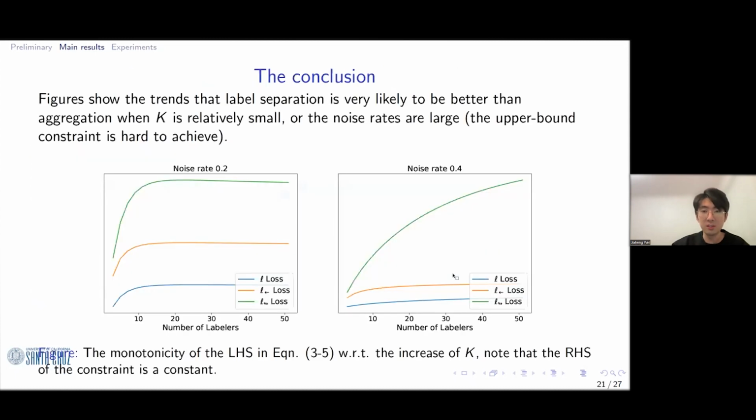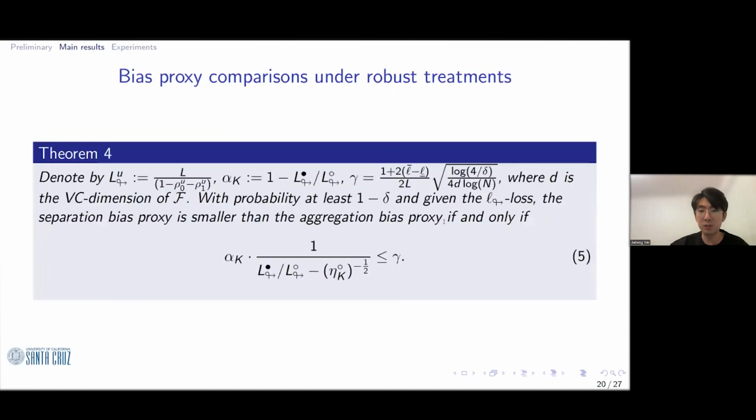To conclude, all these conditions, like equations 3, 4, and 5, share the same template. The right-hand side is a fixed item, and the left-hand side has two items. One is the benefit of label aggregation, and the second is the benefit of label separation.